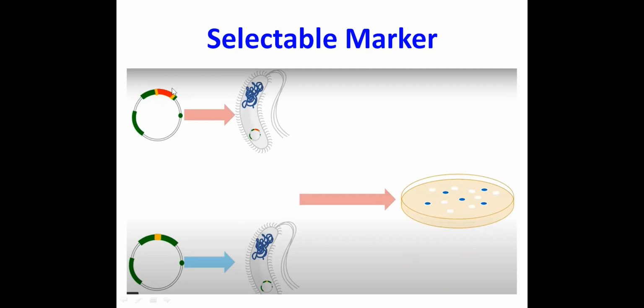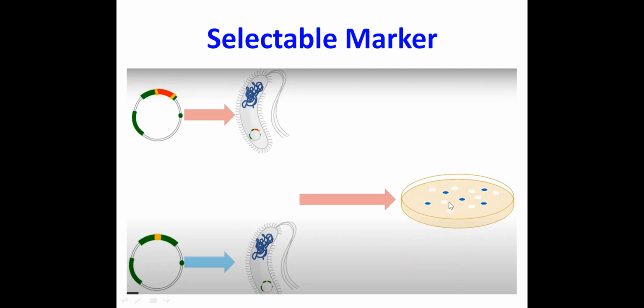Your recombinant vector is carrying your gene of interest and your non-recombinant vector is not. When you transform the mix into the bacterial cells and propagate it in particular media, you will get both kinds of colonies, the white colonies as well as the blue colonies.